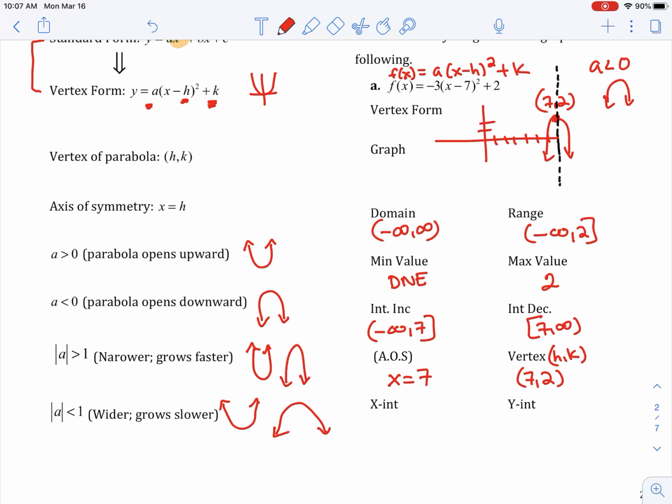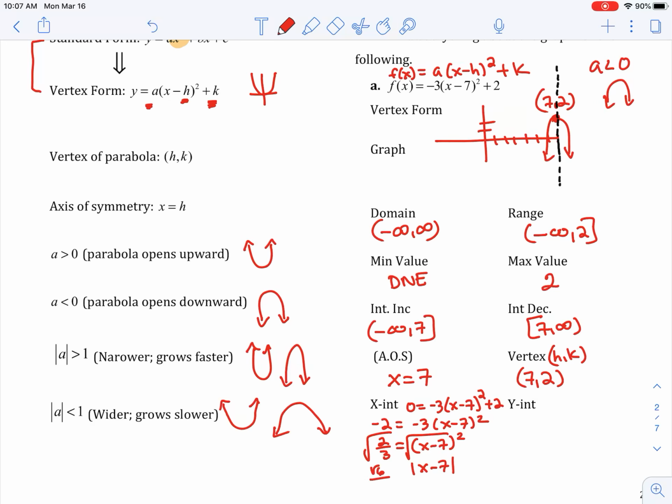And x-intercepts, we know for x-intercepts, we always set y equal to 0. So our equation here would be 0 is equal to negative 3, x minus 7 quantity squared plus 2. Bring our 2 over, and we're going to divide by the negative 3 and take the square root of both sides. We're going to get our absolute value.